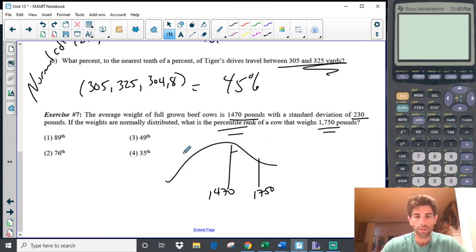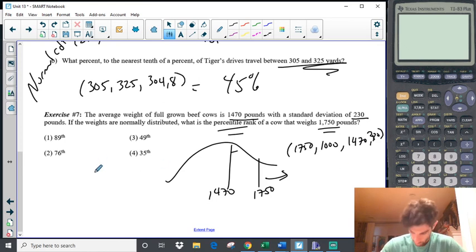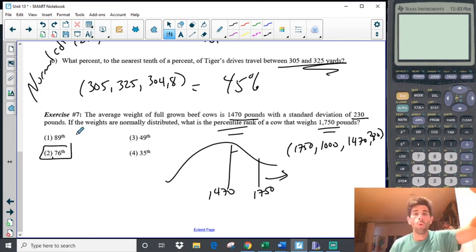So when I figure out my normal CDF, I'm going to do 1,750 as the lowest, 1,000 as the highest because I'm above. Then I'm going to use my 1,470 and my 230 as the standard deviation. Throw that all into your calculator and you're going to end up with 76%. All right, awesome. One more and we're done.